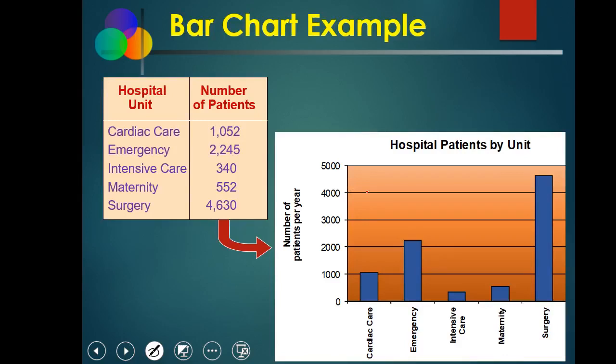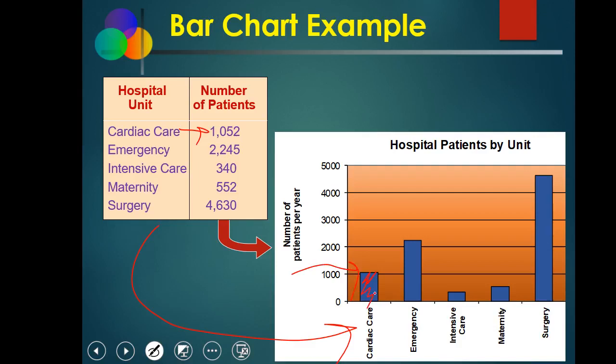Now you can see here, in the case of a bar chart, considering the same example, showing the hospital units, these are categories on the x-axis, and the respective number, let's say for cardiac care, is 1052. So cardiac care, 1052, is represented here.